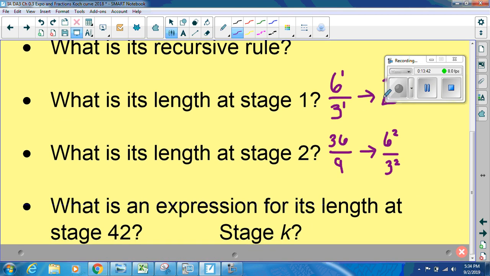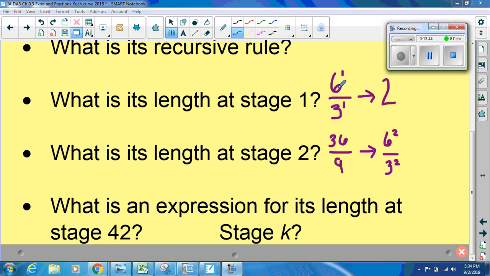Okay. So if we look at that pattern that we just noticed, 6 to the first, 3 to the first, 6 squared, 3 squared. What's the expression for the length at stage 42? Again, if I follow that pattern, it looks like my exponent matches the stage, right? At stage 1, first power. Stage 2, squared.